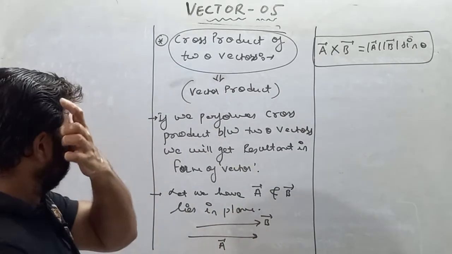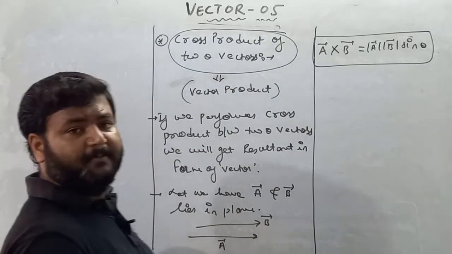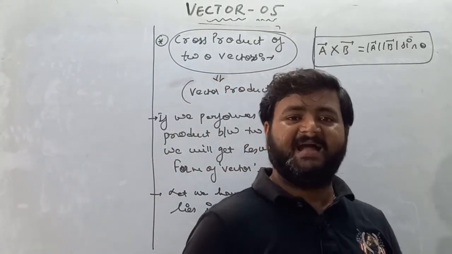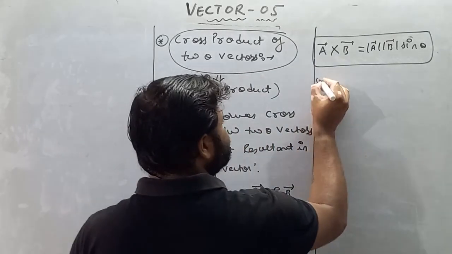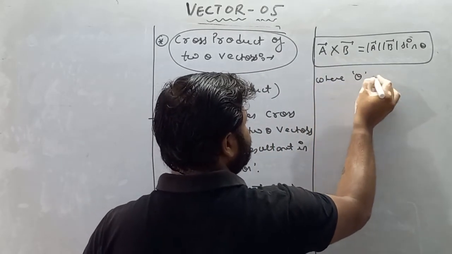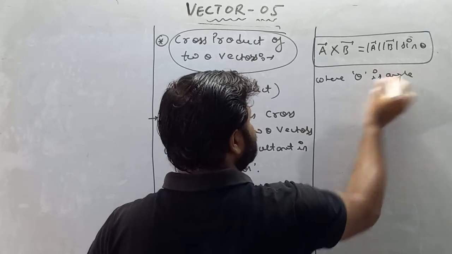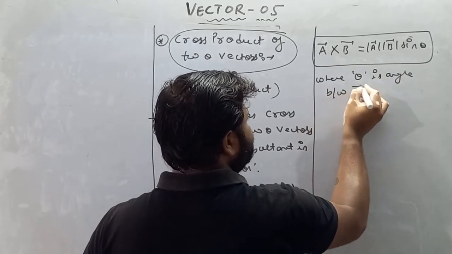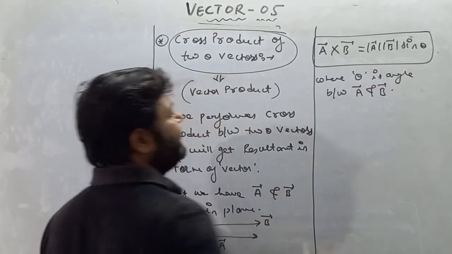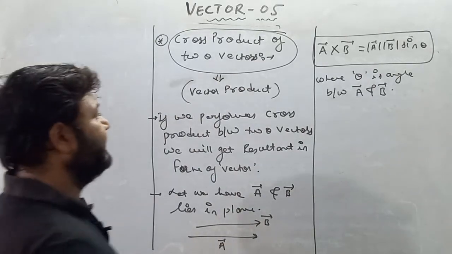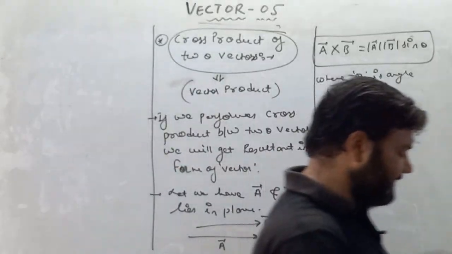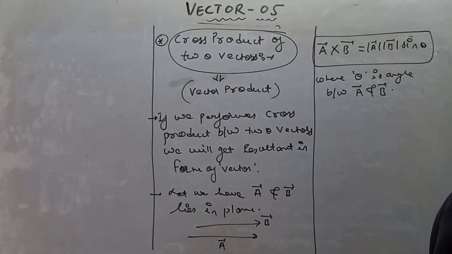Remember this: the magnitude of A vector, the magnitude of B vector, and sine theta, where theta is the angle between A vector and B vector. I hope you all are understanding my point.